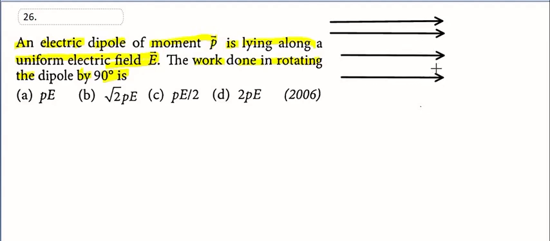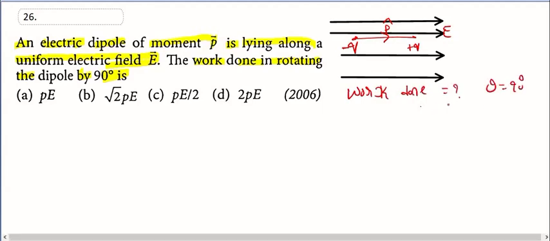In this uniform electric field, the electric dipole P is lying along the field. This is minus q, this is plus q. You have to calculate the work done in rotating by 90 degree.